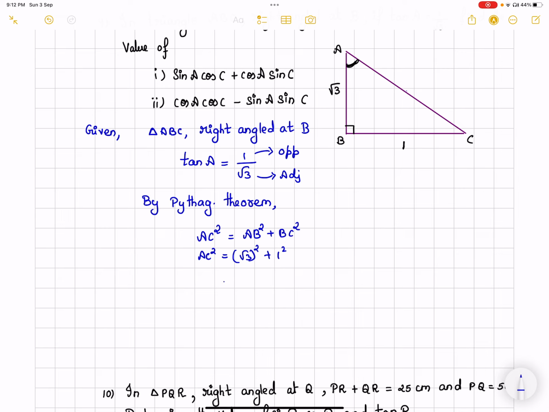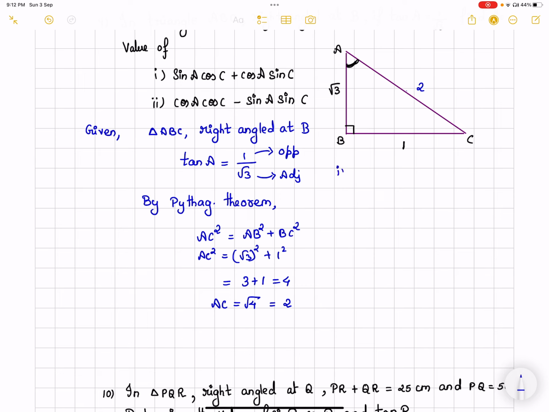Root 3 into root 3 is going to be 3, plus 1, which is equal to 4. So AC is equal to root 4, which is equal to 2. So we found out AC. Obviously we would be getting plus or minus 2, and I would be considering plus 2 because we are measuring a side of a triangle that has to be positive.